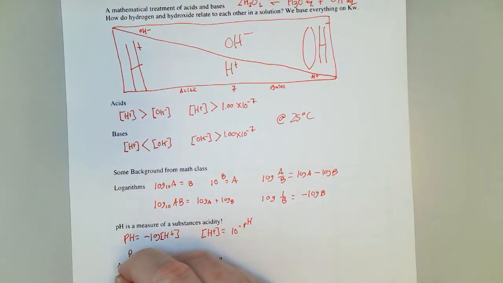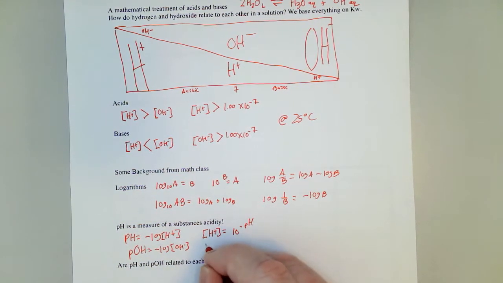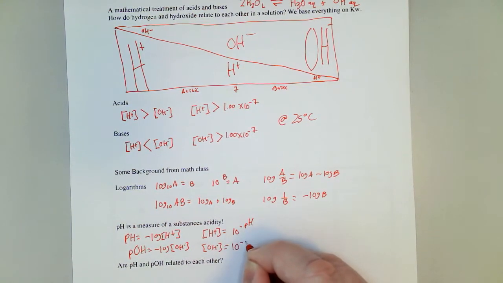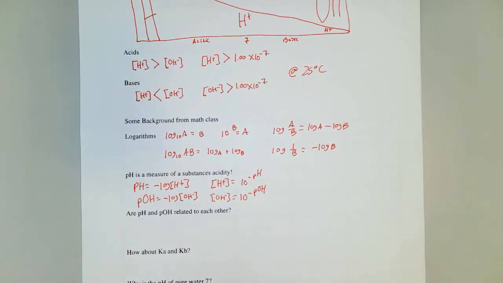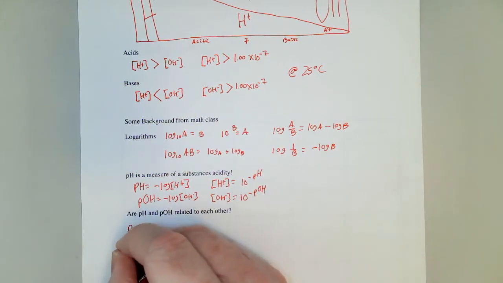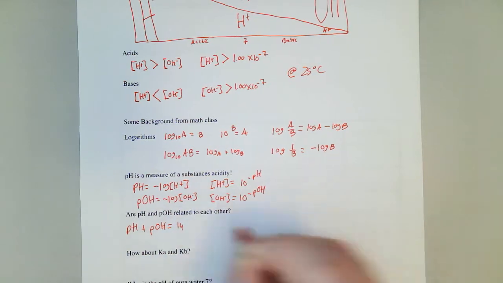There is a corollary called pOH, which equals the negative log of the OH- concentration, or that the OH- concentration would be 10 to the negative pOH. Okay? So what we can say is that pH plus pOH will be equal to 14.